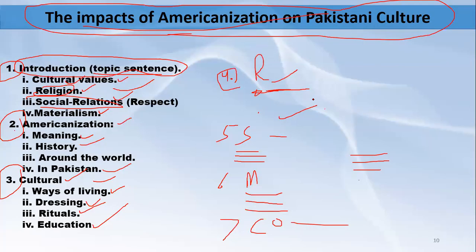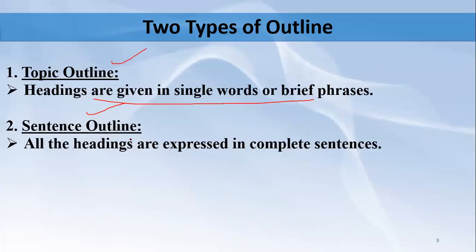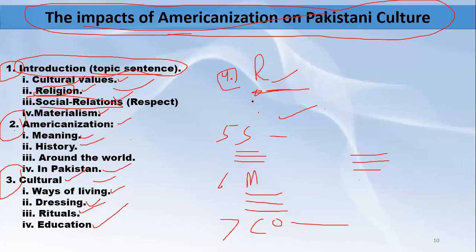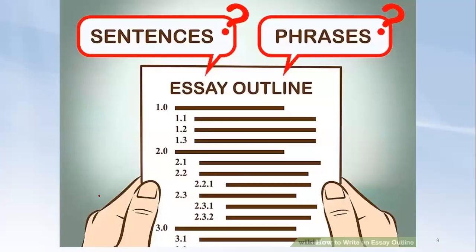If you can see this, this is an example of topic outline, because single words or single phrases are there. We have a single word, history, a single phrase, around the world, a single phrase, in Pakistan, ways of living. So this is called topic outline.